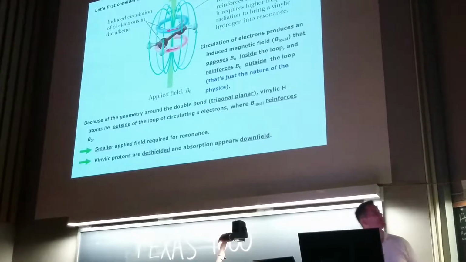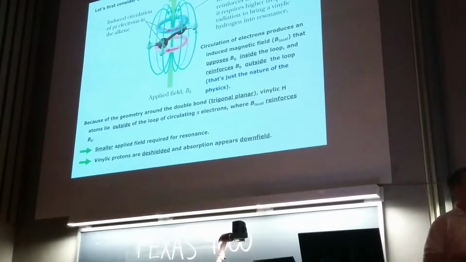So this relates to the chemical shift that you would expect to observe. But what's the primary factor that really affects chemical shift? Let me ask you guys that question.